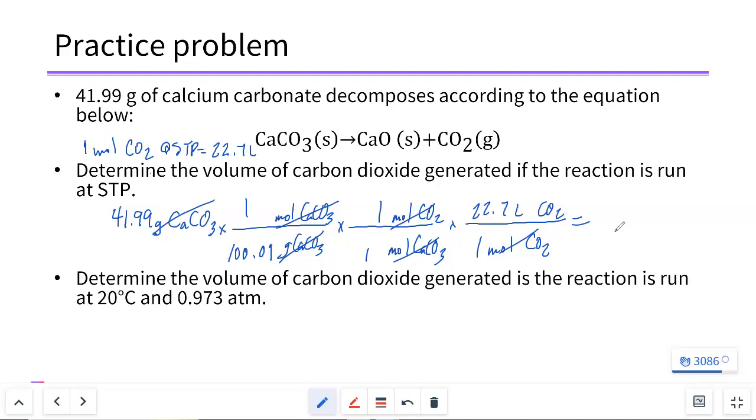So calculations wise, 41.99 times 22.7 divided by 100.09. 3 significant figures because my Avogadro's law gives me just 3. I've got 9.52 liters of carbon dioxide.